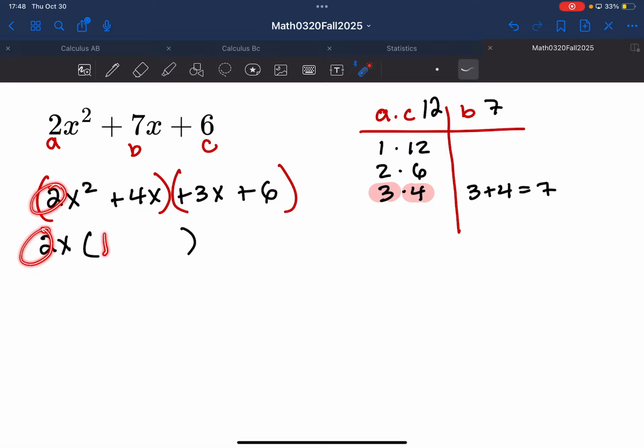I don't have to write the 1. And then I started with 2 x's and I'm taking away one of them. So how many do I have left? Just one x, right? So I just write x. And then I do, good, plus 2 because I do 4 divided by 2, which is 2. And then x, take away an x, those x's are now gone.